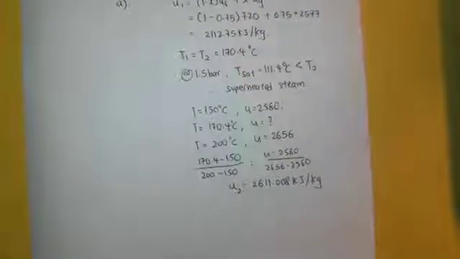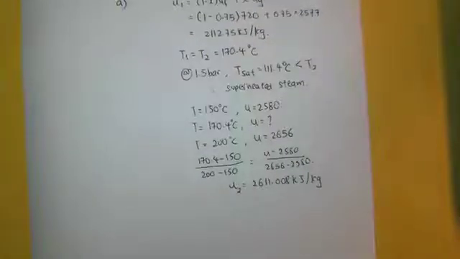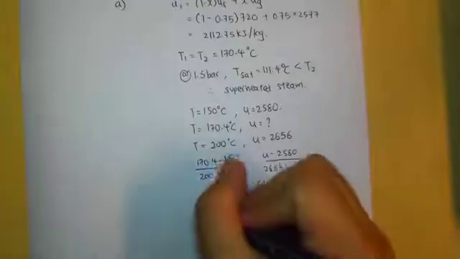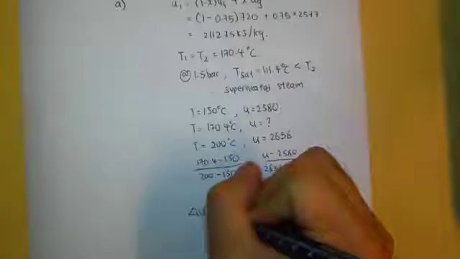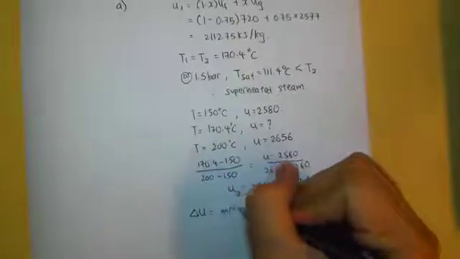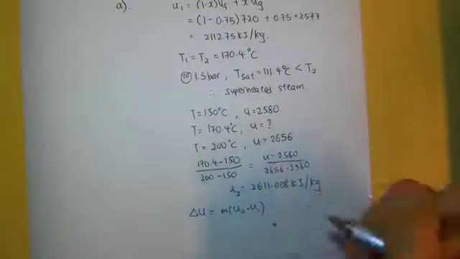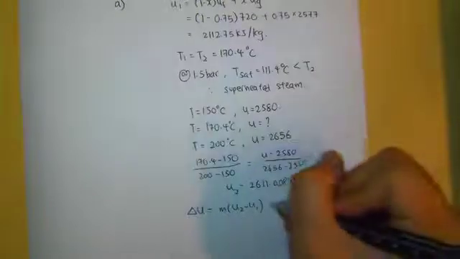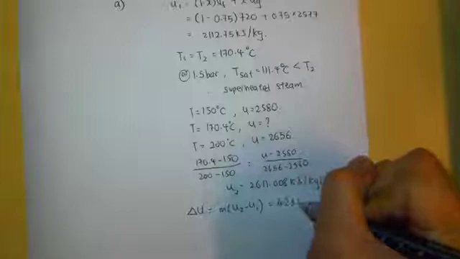So this will be your U2 value. With your U1 and U2 determined, we can find the change in internal energy, which is mass times (U2 minus U1). Plug in the values together with the mass of 0.85 kg, and you will get around 423.6 kilojoule.